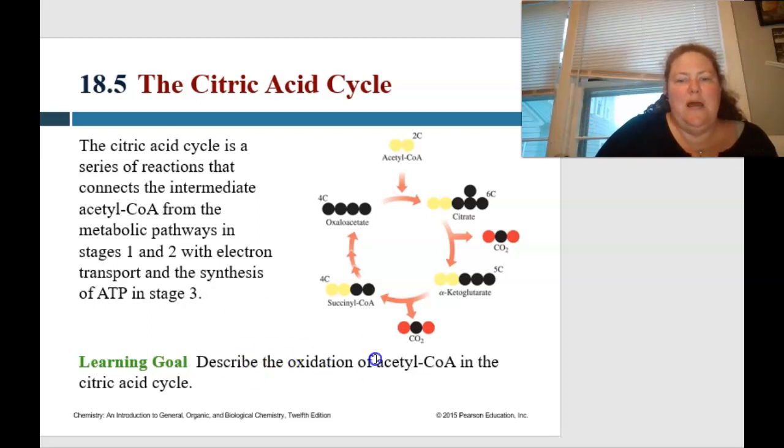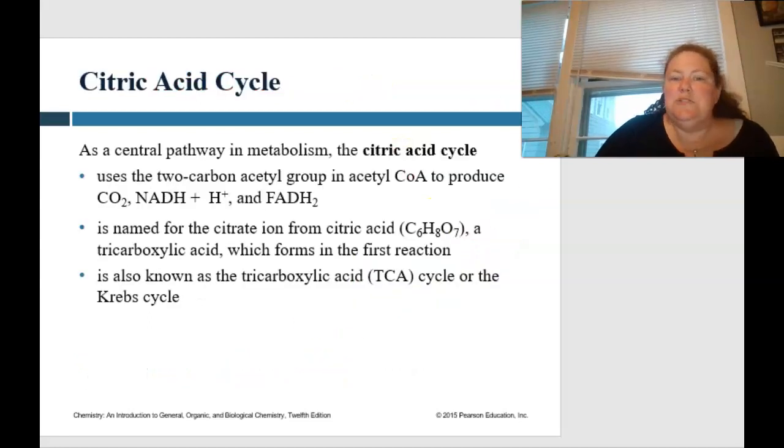So we're going to learn how to describe the oxidation of acetyl-CoA in the citric acid cycle. The citric acid cycle is a central pathway in metabolism, and it uses the 2-carbon acetyl group in acetyl-CoA to produce carbon dioxide, which we exhale, NADH and an extra hydrogen, as well as FADH2.